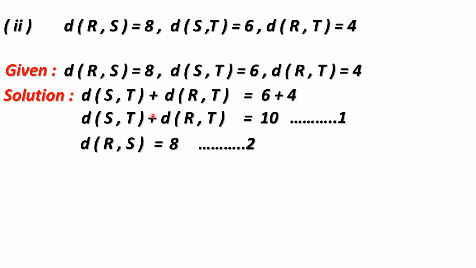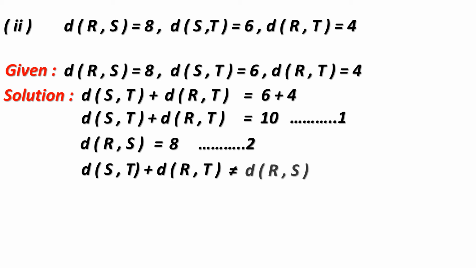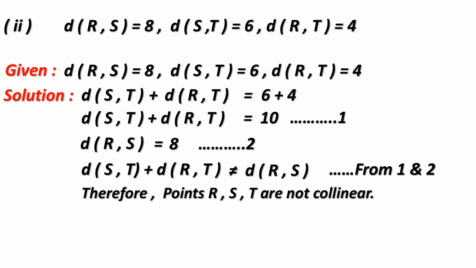So if the right hand sides of these two equations are not equal, then the left hand sides will not be equal. Therefore distance ST plus distance RT is not equal to distance RS. This statement we got by comparing equations 1 and 2. And we know that if the sum of two smaller distances is not equal to the greater one, then the points are non-collinear points. Hence, points R, S and T are not collinear.